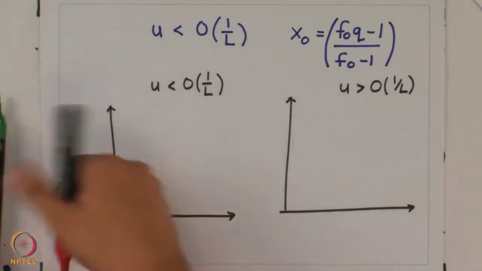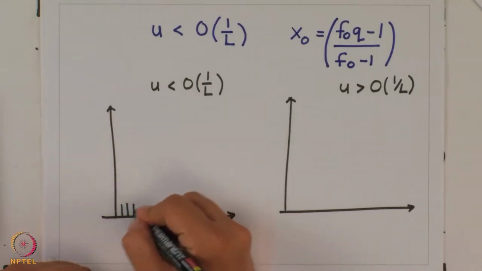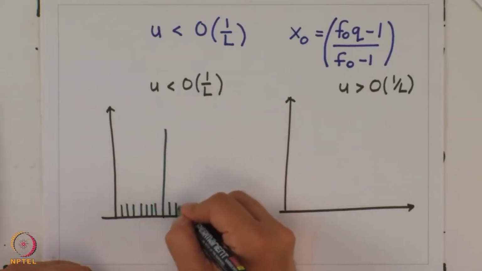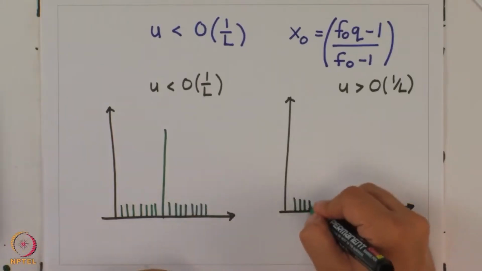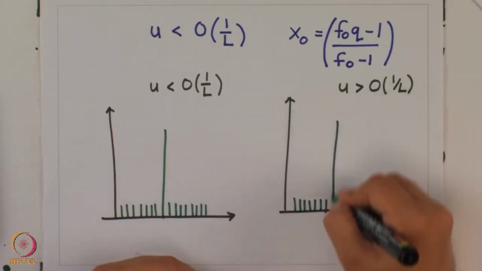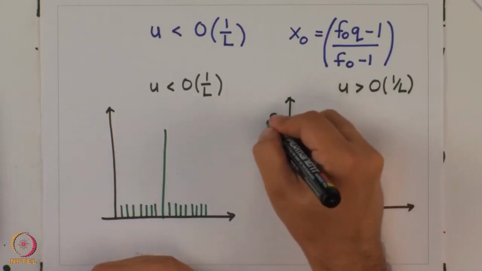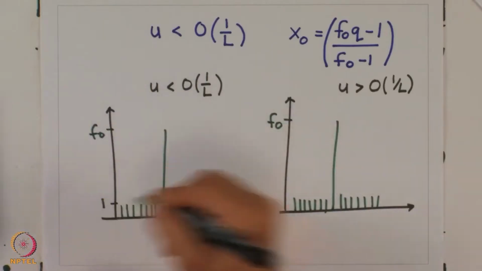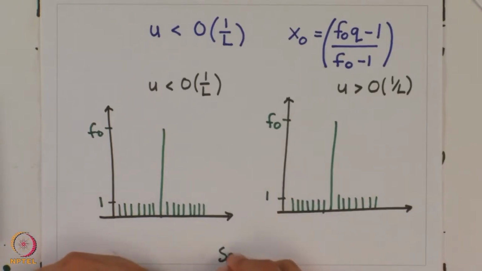What happens? Remember, our fitness landscape is identical: its fitness is 1 everywhere, and you have this fittest sequence and then 1 everywhere. The fittest sequence corresponds to a fitness of f naught, everything else is at fitness 1. The x axis represents the sequence space.